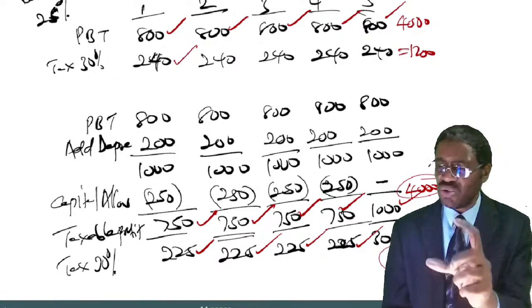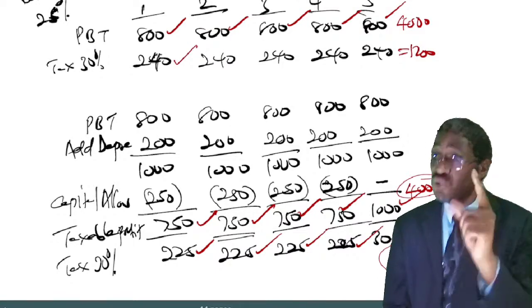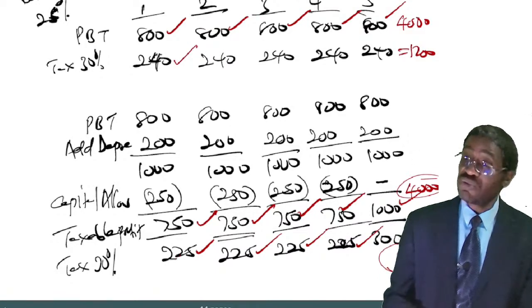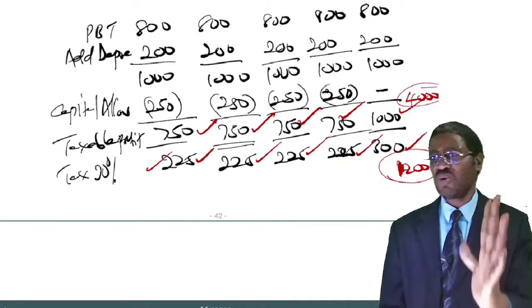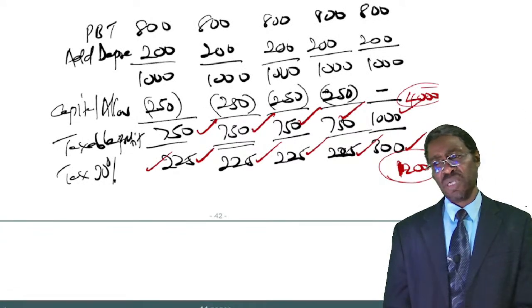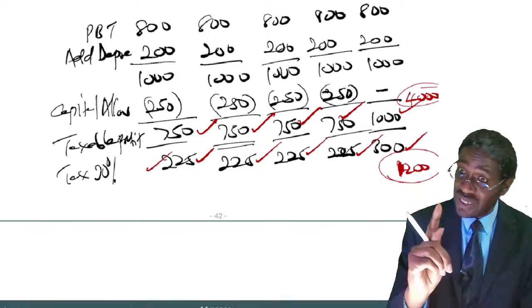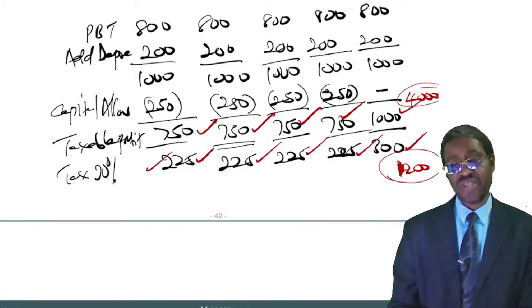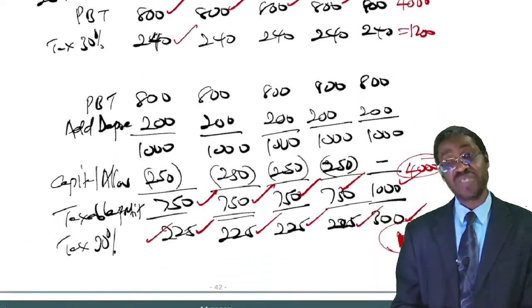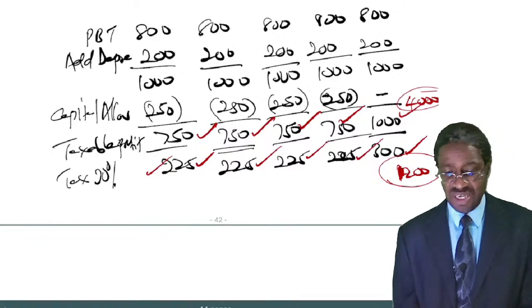But the taxman told me, no, I'm not going to pay him 240. He told me to pay him 225 down here. And I paid him whatever he wanted. But there's a difference between mine and his. I thought I'll pay 240, but he told me to pay him 225. There's a difference of 15.